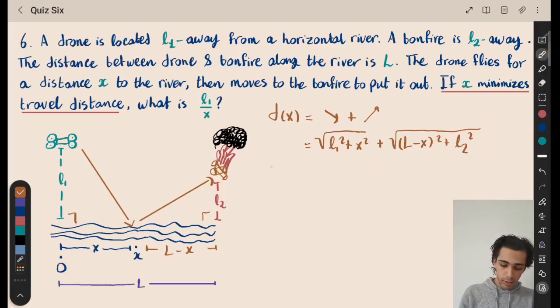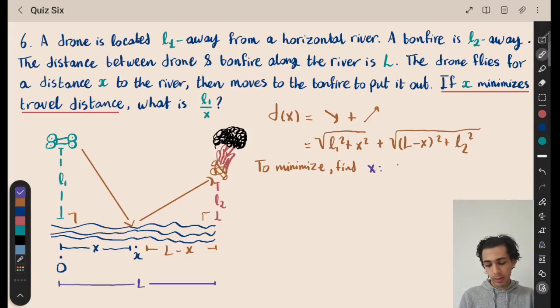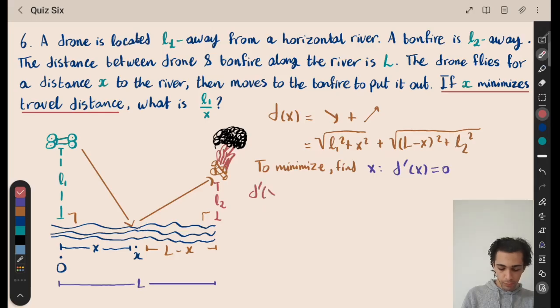Okay, then to minimize, you need to find x such that d prime of x is equal to 0 as a start. Let's find the derivative of this function. So this will be the lower arrow prime plus the upper arrow prime.